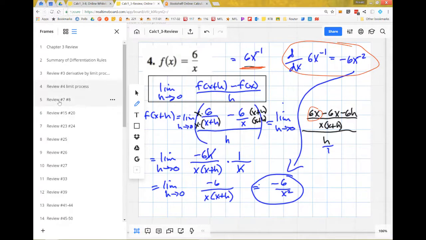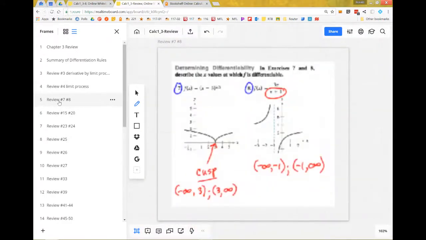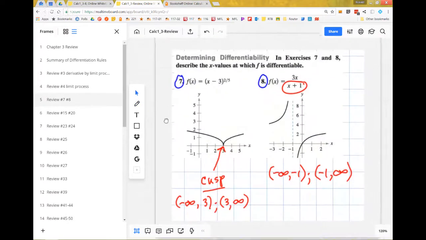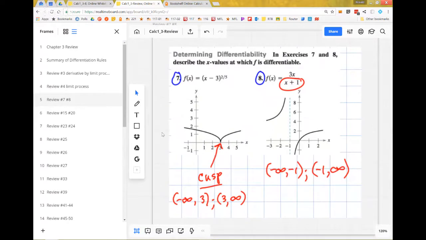All right, let's take a look at numbers 7 and 8. This is the way they are in the review. It says, describe the x values at which f is differentiable. So here you have to remember that functions are not always differentiable. And you remember the things you can't do?